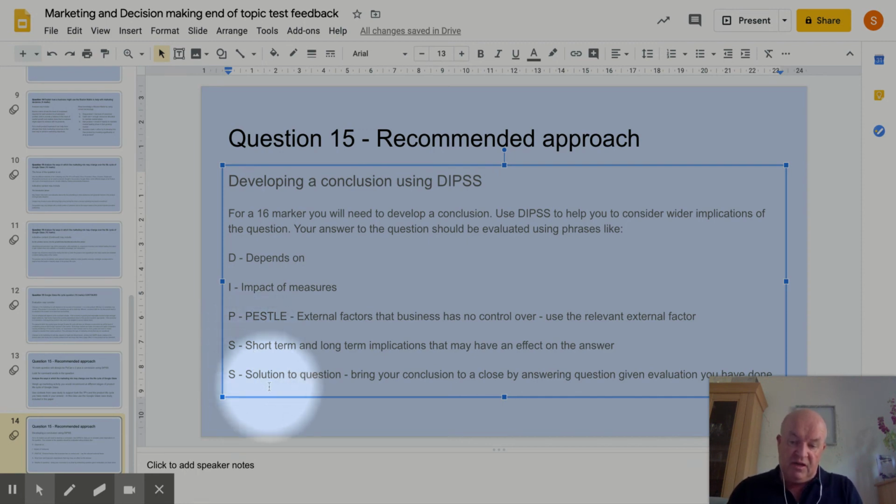And finally, bringing it back to the solution to the question. Make sure you bring your conclusion to a close by answering the question. So effectively, go back and look: have you answered the question? Have you actually covered the points that the examiner has asked for, okay? And that is your recommended approach for question number 15.